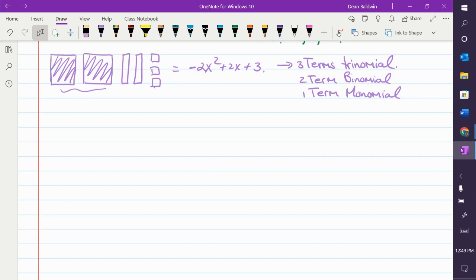Okay. Algebra tiles. Like terms. What are like terms? Same exponent and variable, if you're doing algebra.